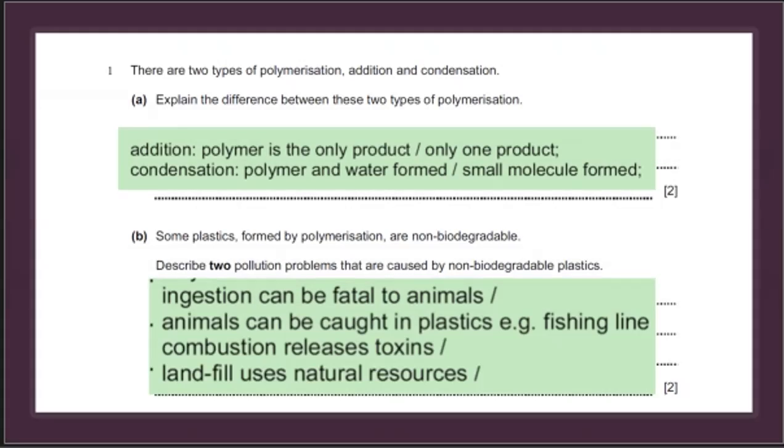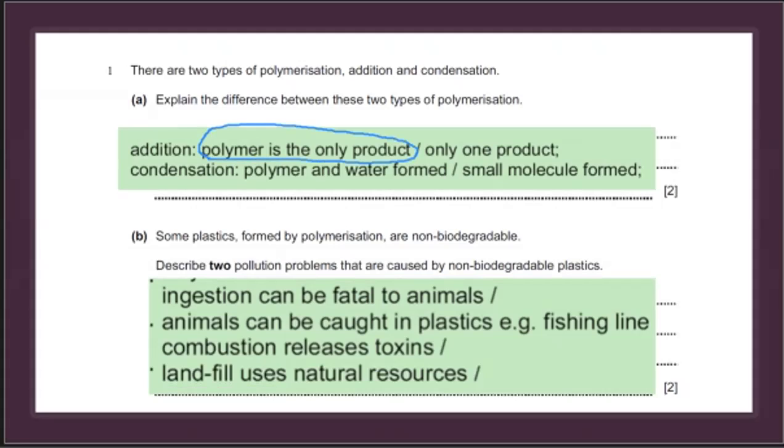All right. So next question. There are two types of polymerization: addition polymerization and condensation polymerization. Explain the difference between these two types of polymerization. With addition polymerization, the polymer is the only product that is formed.